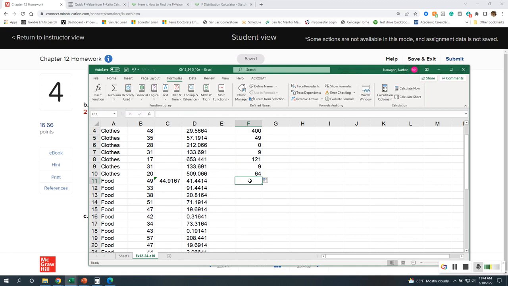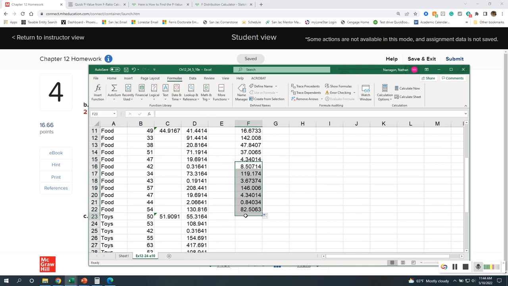Then we're going to do the same. We're going to take equals power, number. Whoops. Again, cannot do that. 40.9167, comma, 2. So a lot of decimals going on right there.